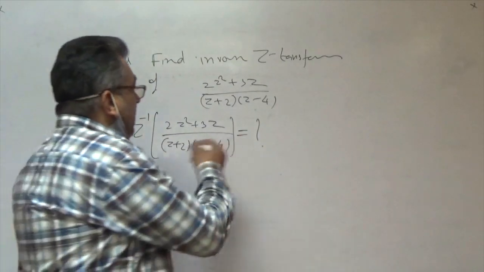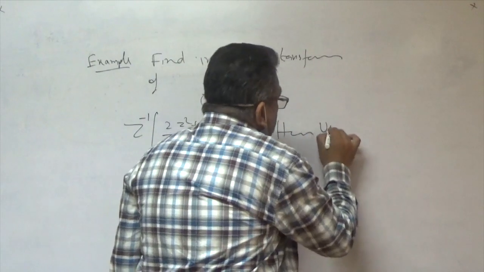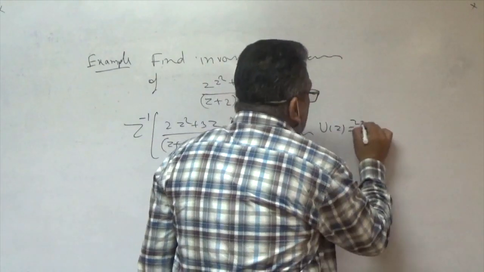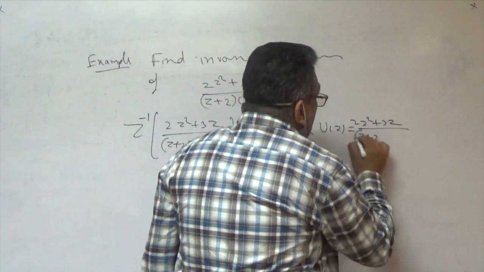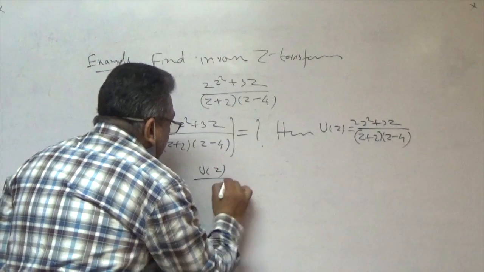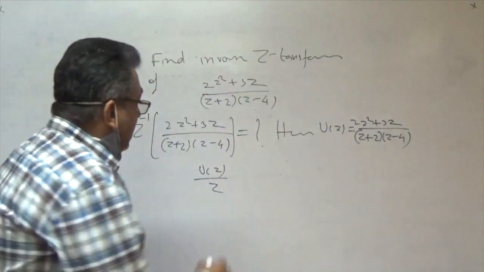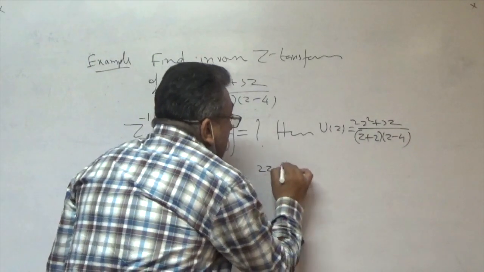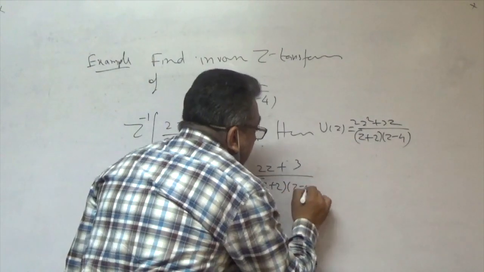Here is my solution. U of z is given as 2z square plus 3z upon z plus 2 upon z minus 4. If you take z common in the numerator and transfer it to the left hand side, finally we get 2z plus 3 upon z plus 2 and z minus 4.